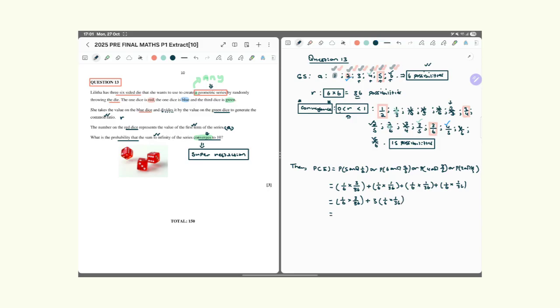Now let's sort out the answer quickly. So we have 1 over 6 times essentially 3 over 36, but one can say it's 1 over 12. Right, plus 3 into 1 over 6 times 1 over 36. So the answer that we get is 1 over 36, okay?